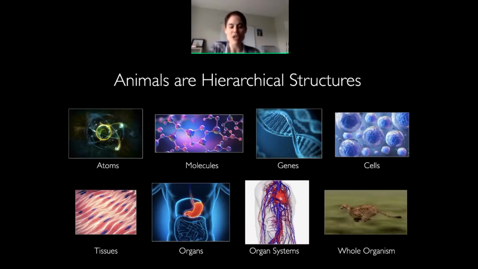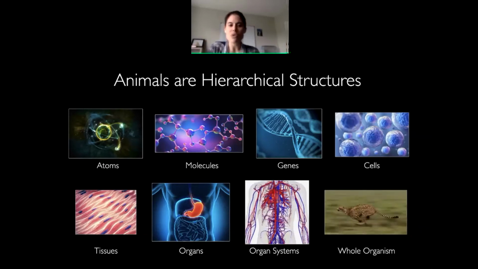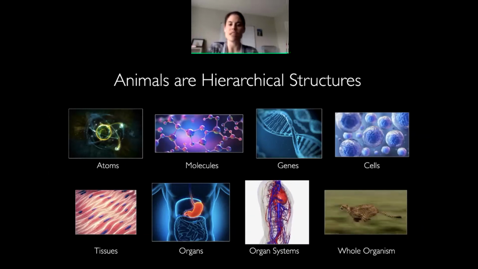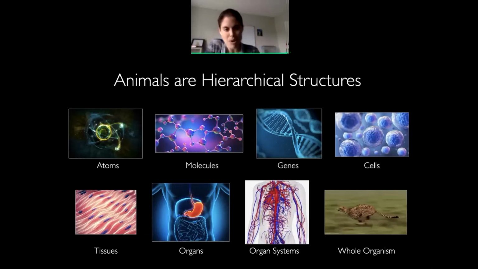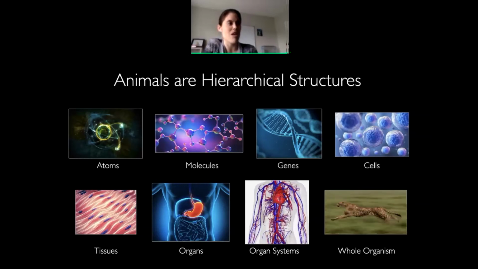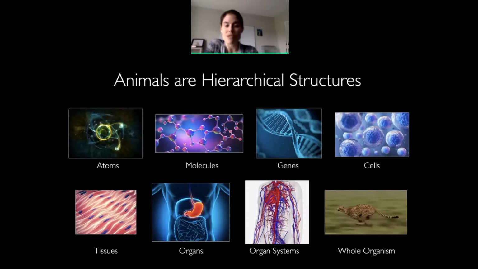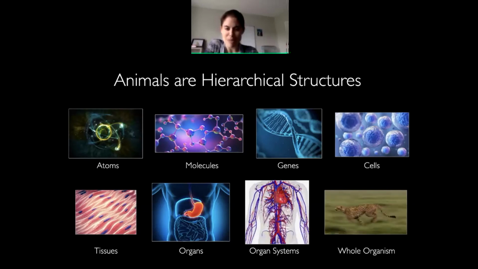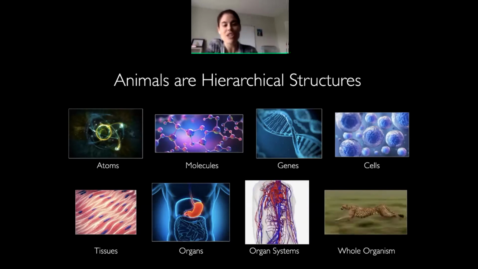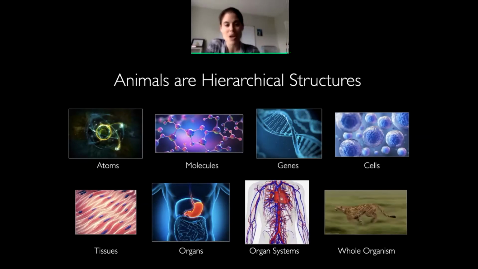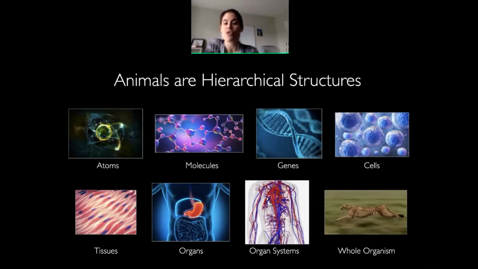Atoms coming together into molecules, molecules coming together into things like genes, the genetic makeup of the organisms that are determining our phenotypes, the cells that come together to make up various tissues, and the tissues that come together to make up organs, and then organ systems. And then you can come together to the whole organism.